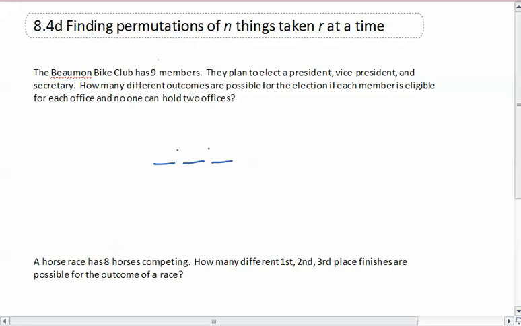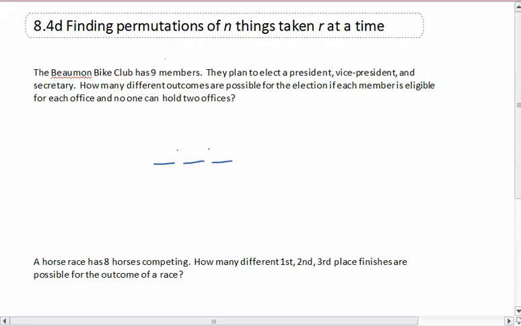If I pick a random 3 members, Tom, Alice, and Becky, then those 3 of the 9 would be a different president, vice president, and secretary than Alice, Becky, and Tom. So you can see the permutations, when order matters, actually end up giving me more outcomes, okay, because order matters.